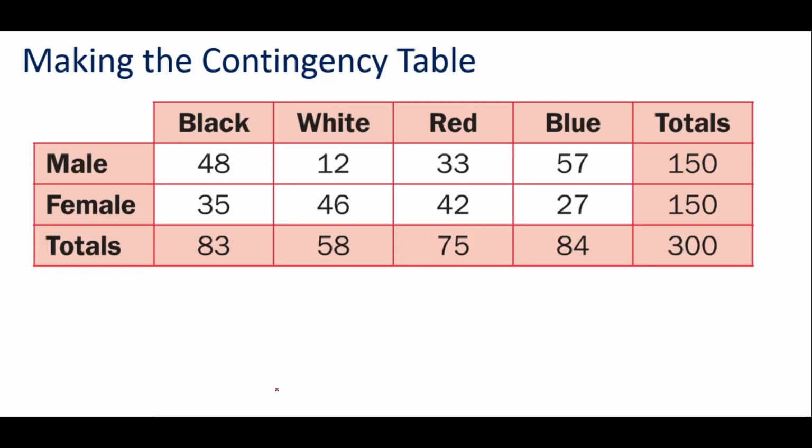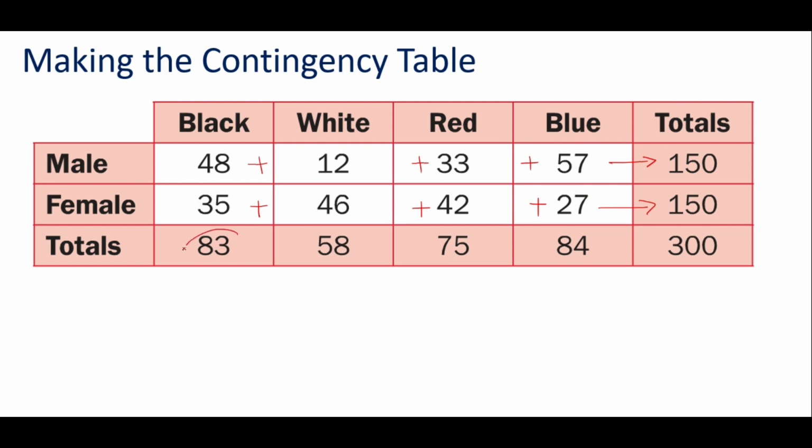Now here you have the completed contingency table with all the totals given, where you have the row total, which is the sum of 48 plus 12 plus 33 plus 57, and the second row total here is 150, which is the sum of 35, 46, 42 and 27.